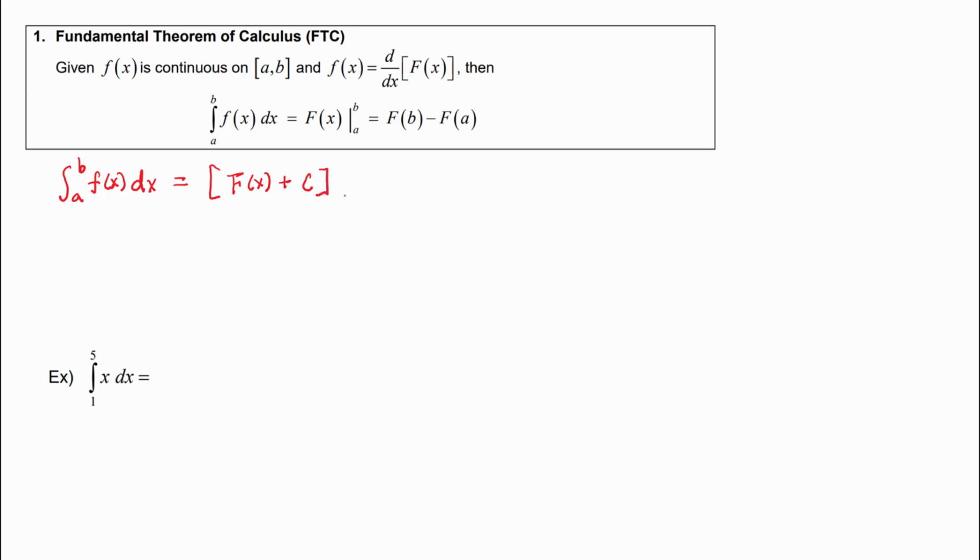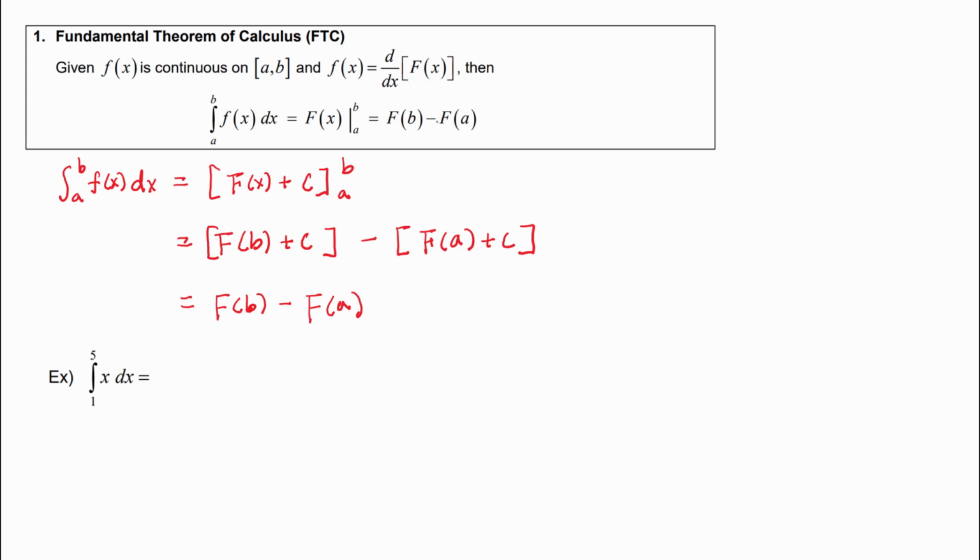And when you evaluate that from a to b, you plug in b for every x you see. So you will get capital F of b plus c, and then you have to subtract capital F of a plus c. As you distribute the negative, c is going to be canceled, and you will only get capital F of b minus capital F of a. And this is what it's saying.